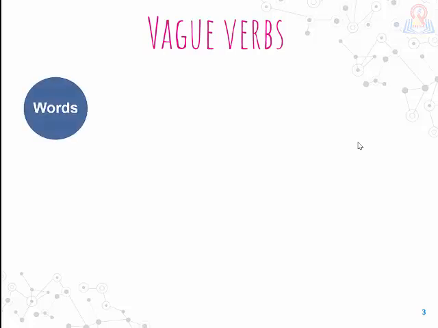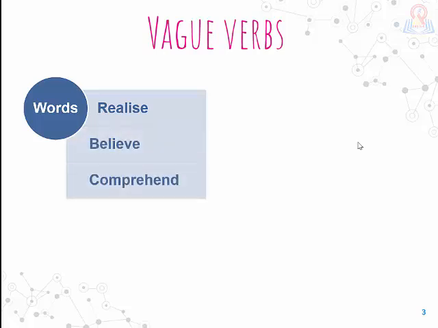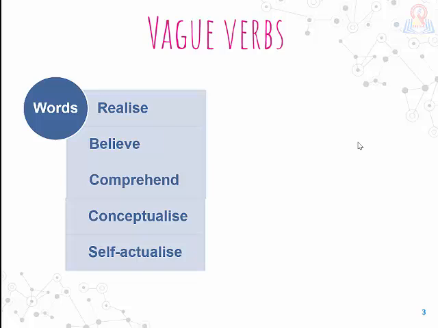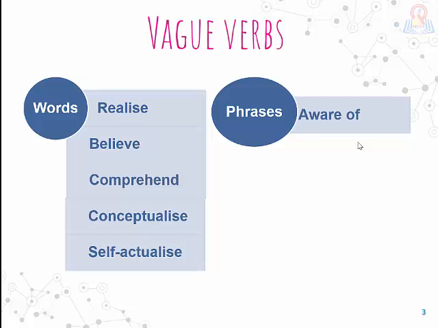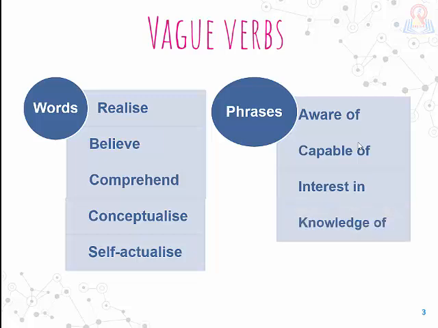Let us see some vague words. Realize the meaning of the poem. It's a vague meaning because we cannot find the response very accurately or definitely at the end. So we have to avoid these kinds of vague verbs. Believe, comprehend, conceptualize, self-actualize. Similarly, some phrases are also available: aware of, capable of, interest in, knowledge of.